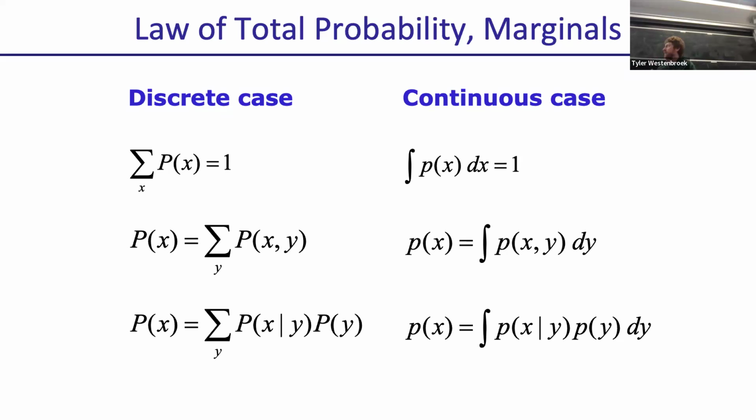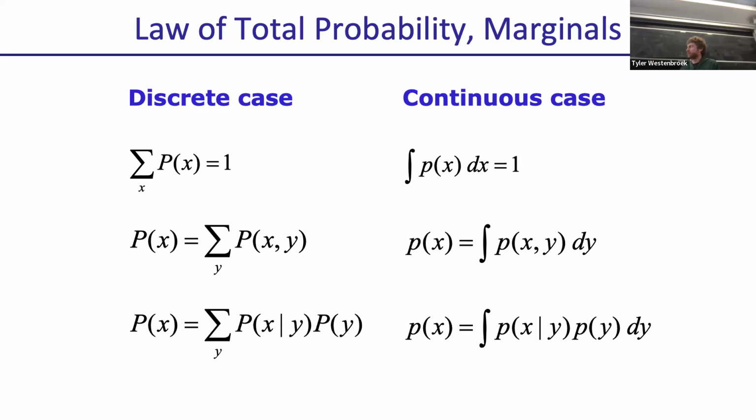It also says that if I want to estimate the probability of x occurring, I can do this by marginalizing out the variable y. This says that if I want to estimate the probability of x, I can add up the probabilities across all the possible different y's of p(x, y), and this will enable me to recover the probability of x happening.